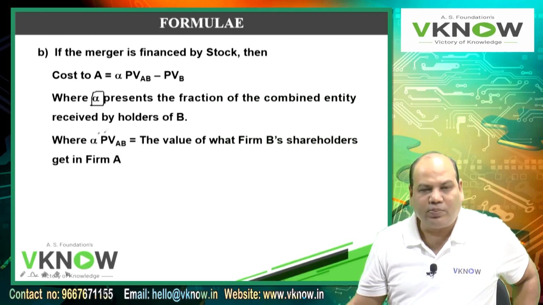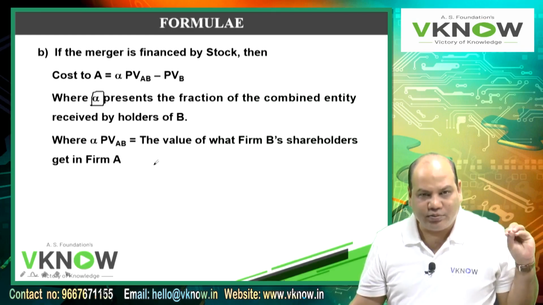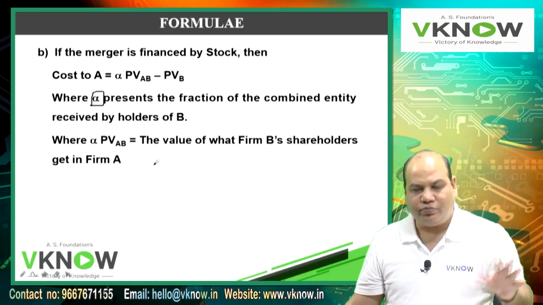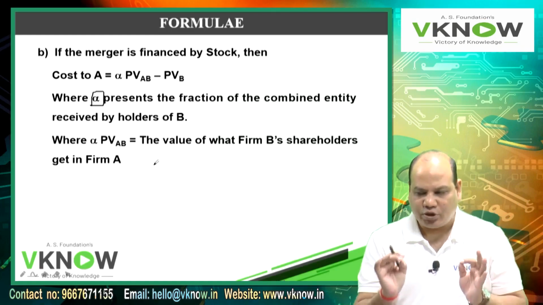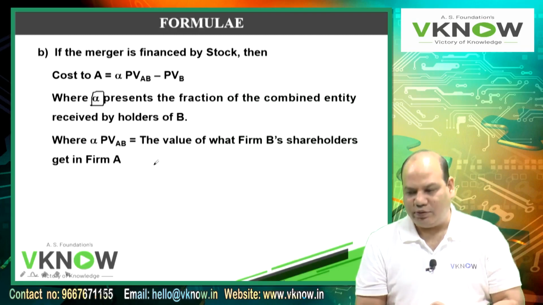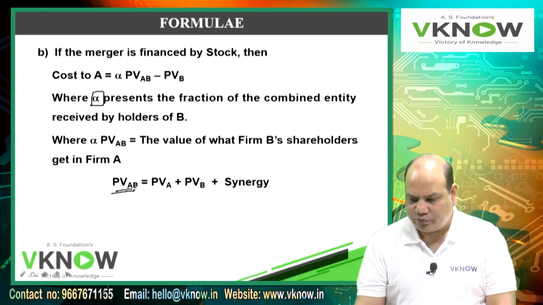Alpha multiplied by the post-merger market value of A and B is the value of what firm B's shareholders get in firm A. That means the value of the target company in the merged entity is alpha into PVAB. The value of the firm AB will be equal to PV of A plus PV of B plus synergy value.